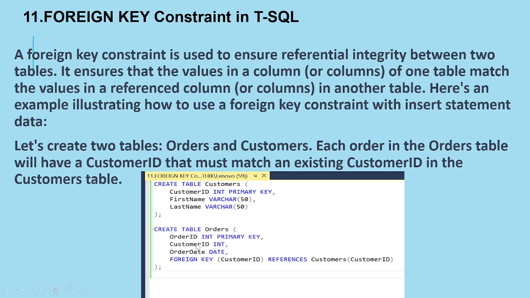So whenever we try to insert data into the orders table, the customer ID should be available in the customers table. We are going to see how it fails and what error it gives if the customer ID is not there. Let's see it while inserting the data.